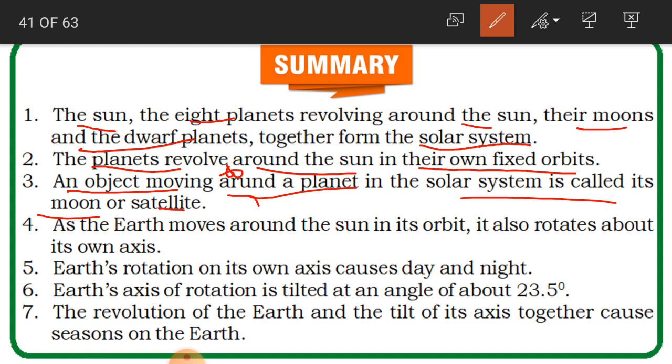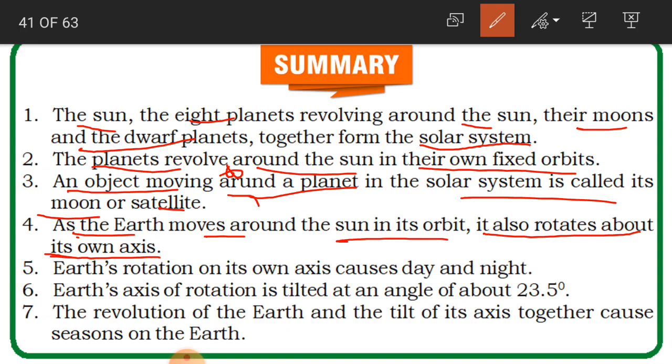Okay, and as the earth moves around the sun in its orbit, it also rotates about its own axis. So as the earth moves around the sun, what do we call it? We call it revolution. So as the earth revolves around the sun in its own orbit, it also rotates about its own axis.